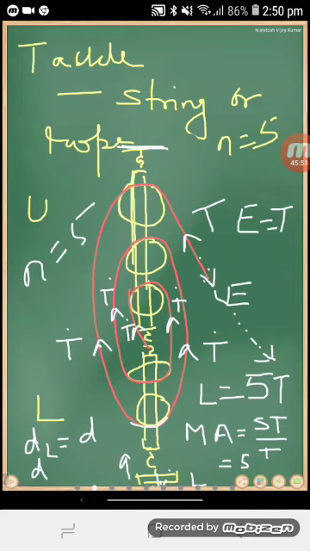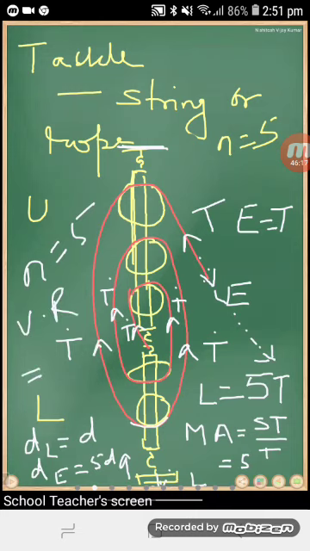So the distance moved by the effort is equal to 5d. Clear? Because effort is always going to be moving a greater distance to compensate that magnitude of effort. So here we are having 5 times, so velocity ratio will be equal to 5d upon d, it is equal to 5. Okay, so this is about for n equal to 5.